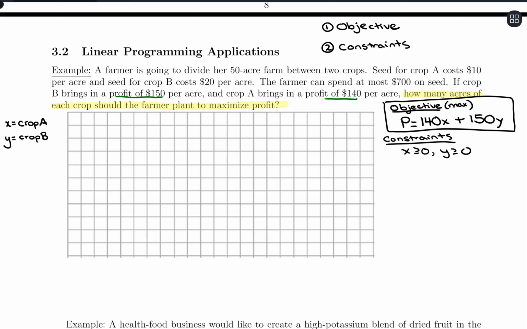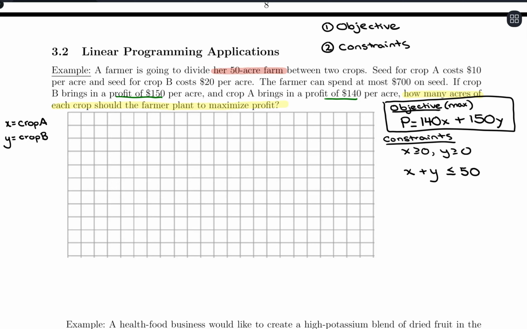Okay, she's going to divide her 50-acre farm between two crops. So what this will do is where we have the number of acres of crop A plus the number of acres of crop B, that should be less than or equal to 50. It doesn't necessarily say she's going to use all of it, though you'd think she would, but we're just going to say less than or equal to 50.